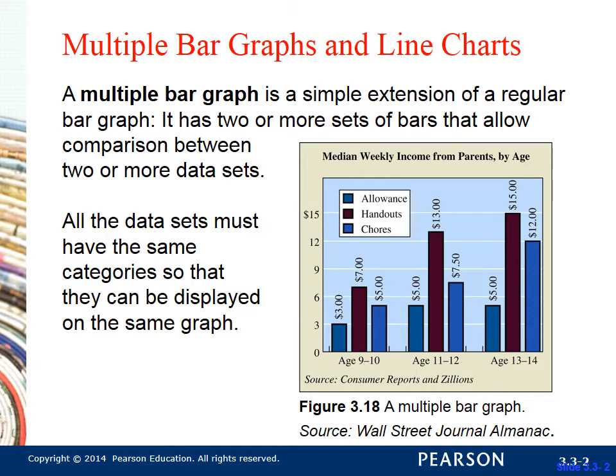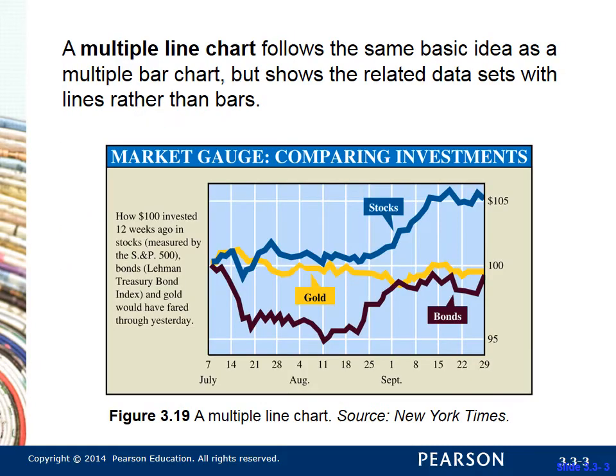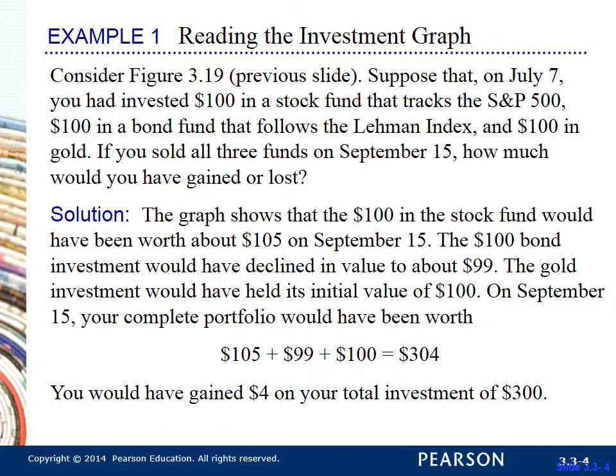All right, they must have the same category so they can be displayed on the same graph. We're looking at September 15th, and they're going to give me the values in a second. So remember, we invested 100, so all three started at 100. So the graph on the stock, it went up to 105.